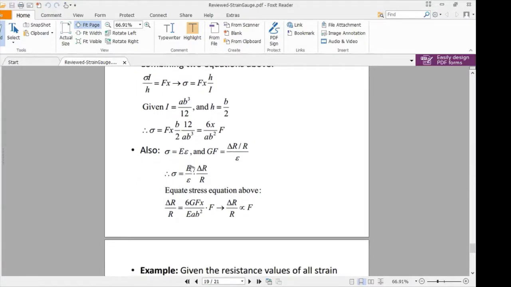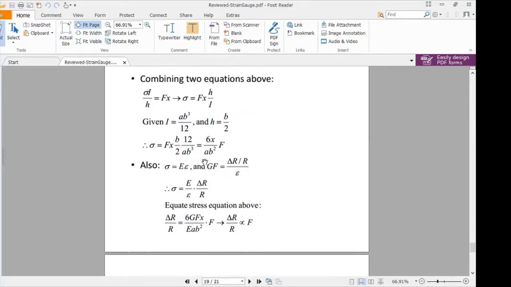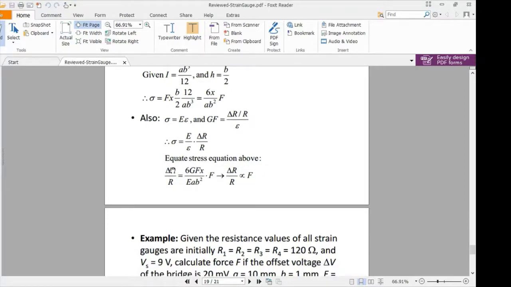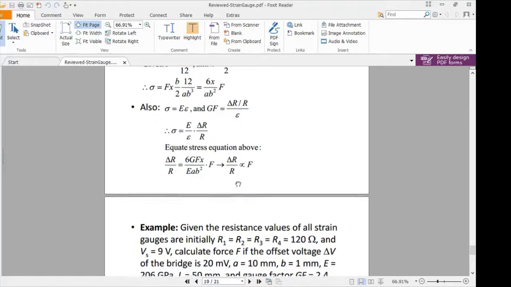Therefore, the stress is E over the gauge factor multiplied by delta R divided by R. Substituting this into the equations above and equating for the stress, we can see that delta R divided by R will be equal to 6 GF x divided by E A B squared, multiplied by F. Since the gauge factor is a constant, the distance of the gauge from the force is also constant, and Young's modulus, A and B are all constant, we can say that by using this bending moment load cell, delta R over R will be proportionally related to the bending force.